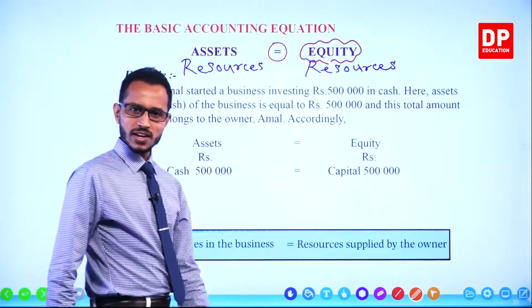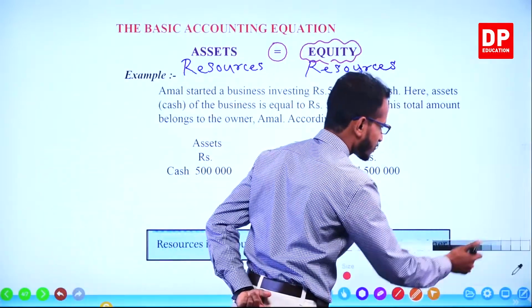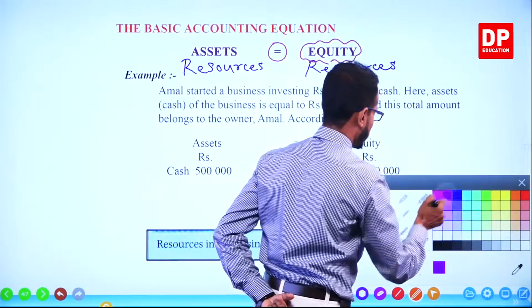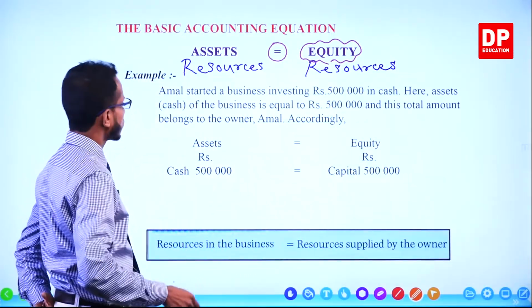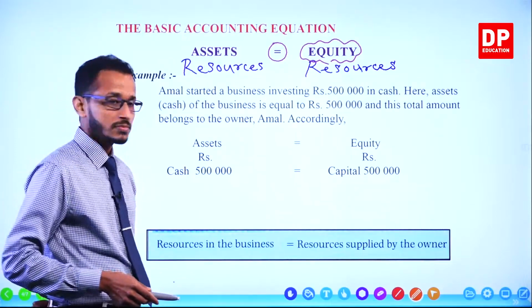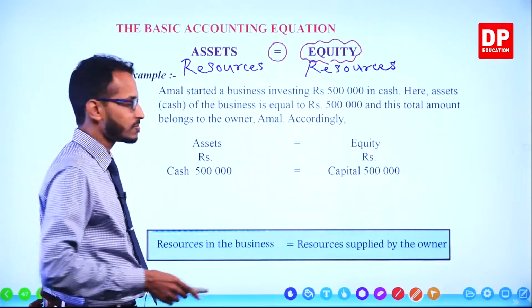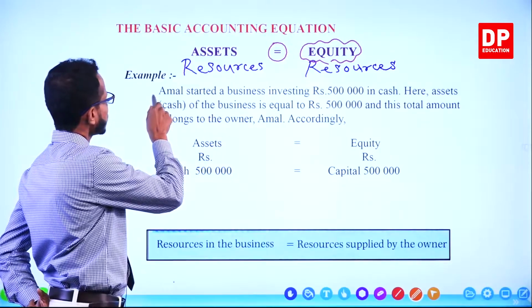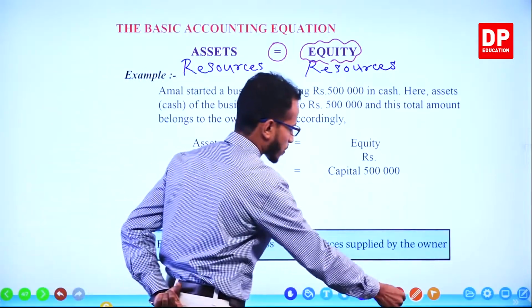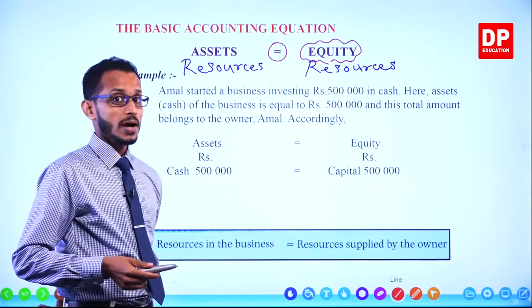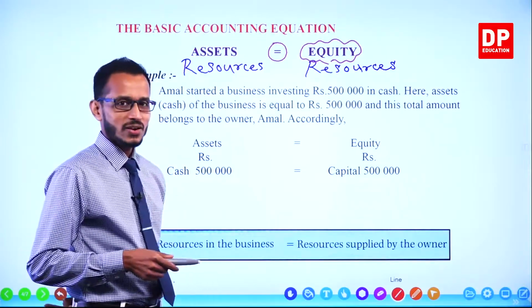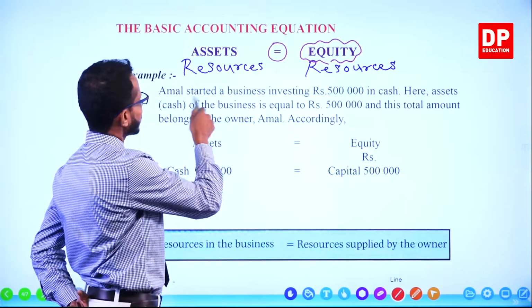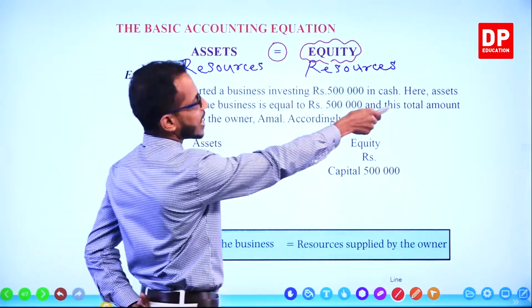Example. Amal started a business. Good strong name, Amal. So the owner is Amal. He must be a sole trader. Let's find out. Amal started a business investing 500,000 in cash.